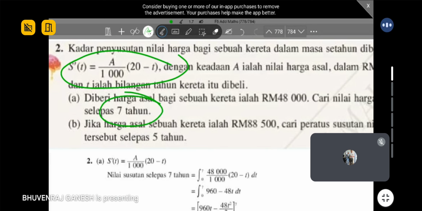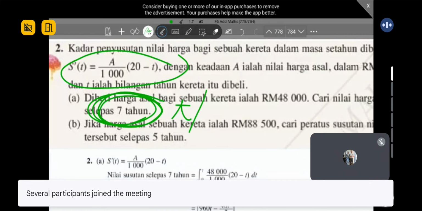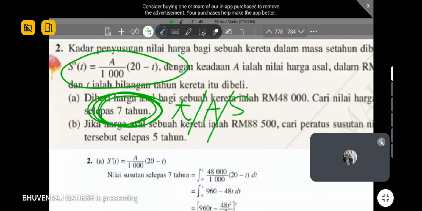So guys, 7 tahun ni, 7 years, refer to which variable? Can anyone tell me? What letter? Is it T or A or S? Yes. Always remember guys, T is to show years.